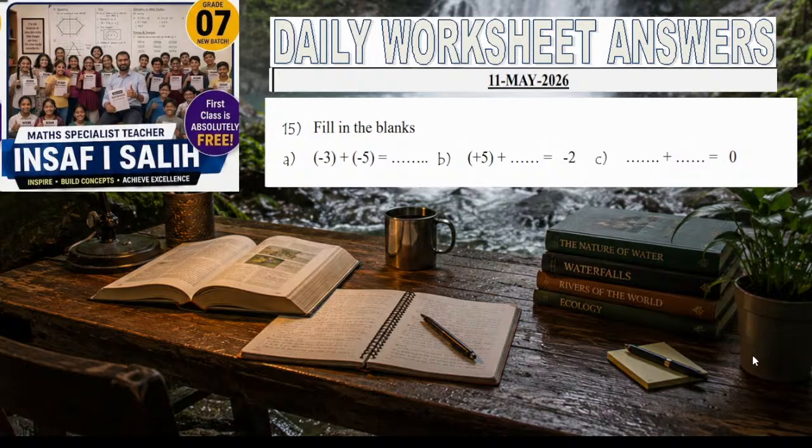The numbers have to be of different signs. For example, if you put positive 3 here, what should come in the other blank? The opposite of positive. What is it? Negative. So positive 3 addition negative 3 gives us 0.